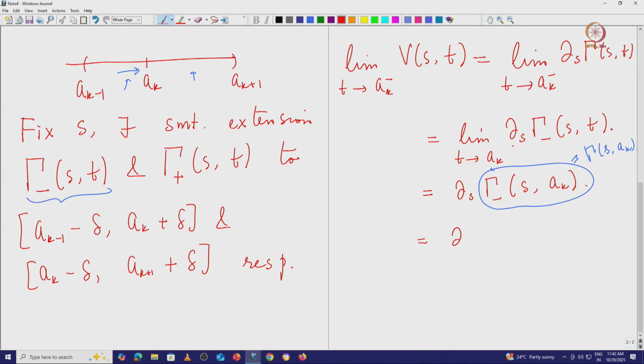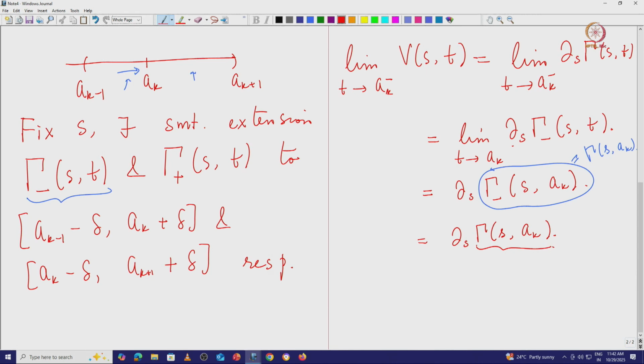So this derivative is simply going to be the derivative of this at a_k, right, because remember if you fix a t and let s vary, then the resulting thing is actually a smooth function of s, right.